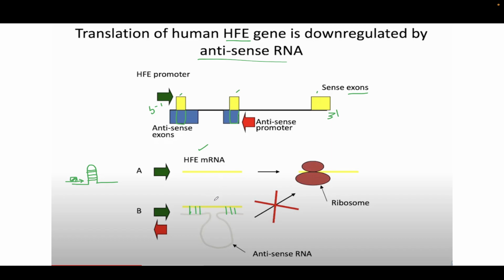Using this antisense RNA, a double-stranded RNA has been formed so that it will restrict the translation and restrict the protein production. I think everyone got how this antisense RNA helps in gene down regulation, and this is also done by non-coding RNAs.